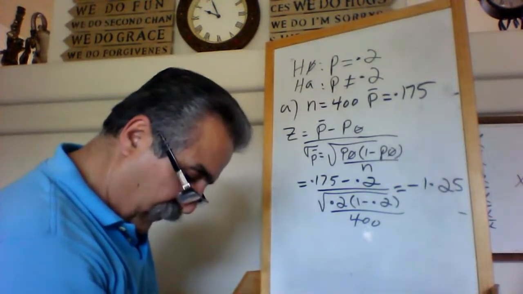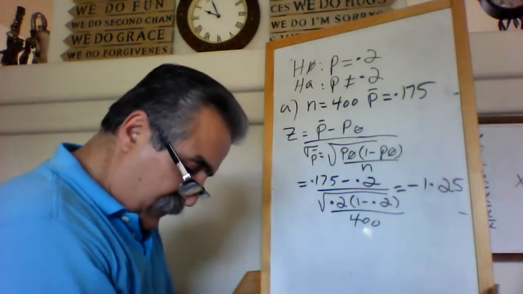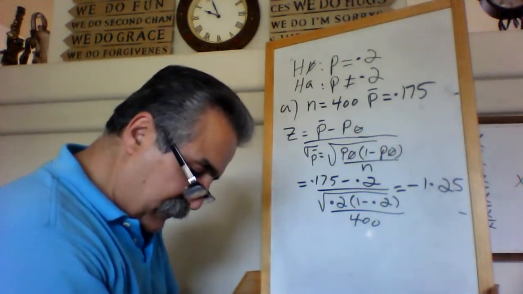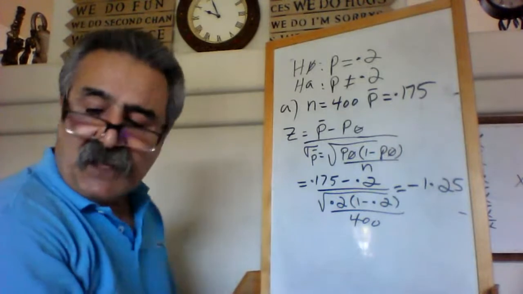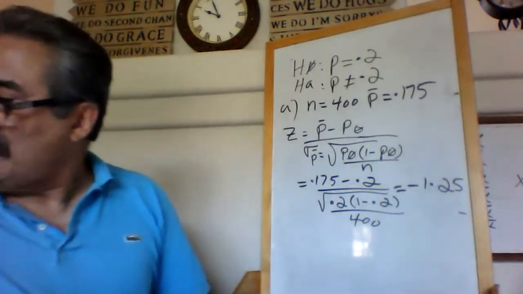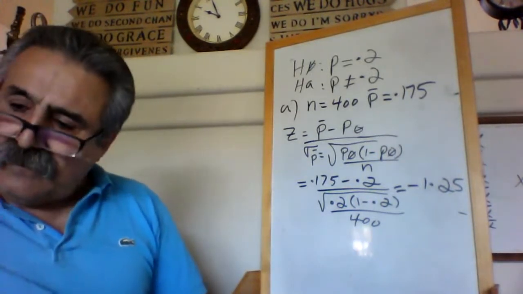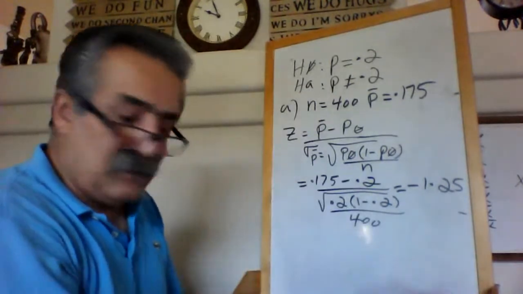For part B, what is the p-value? So we go to the Z table for negative 1.25.